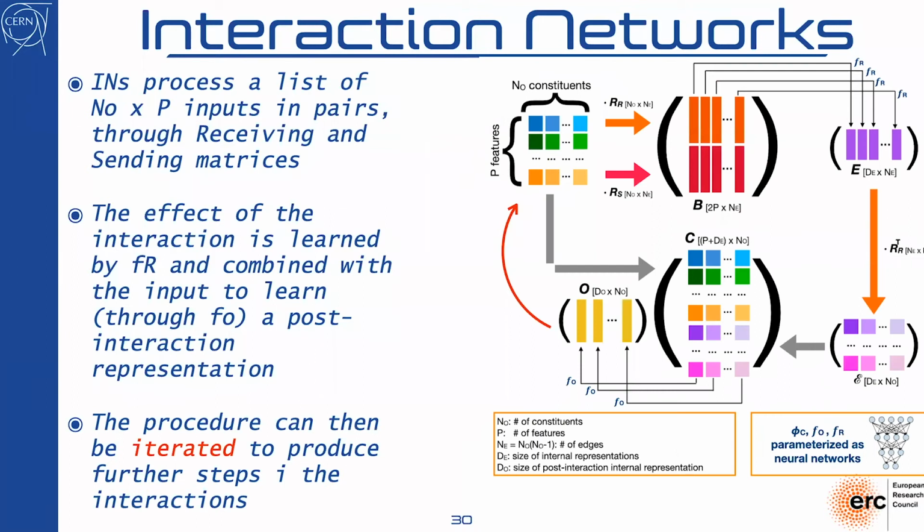When you do so, you're basically cherry picking specific senders and specific receivers and arranging them into a column. So this is a nice practical way for you, once I give you a data set, which is a number of constituents, because I'm thinking about jets already, and features, a mathematical way with one operation to obtain another representation of your data set, which is a column in which I have 2p, where p is the number of features, times NE objects, where NE is the number of connections.